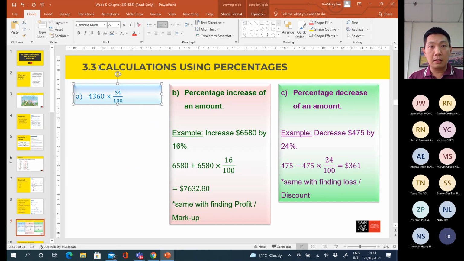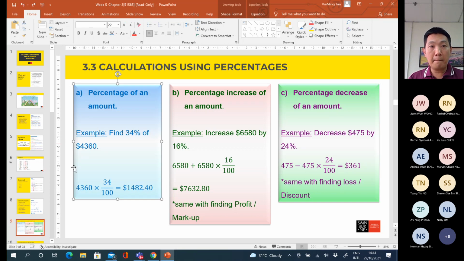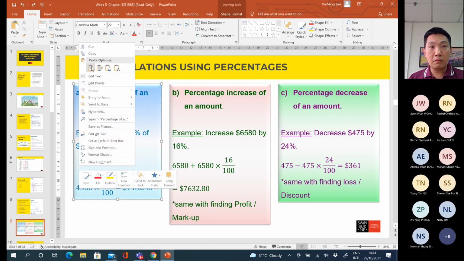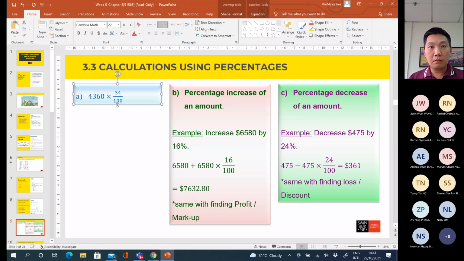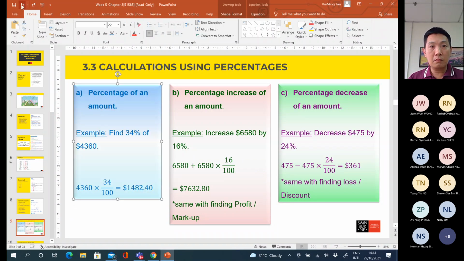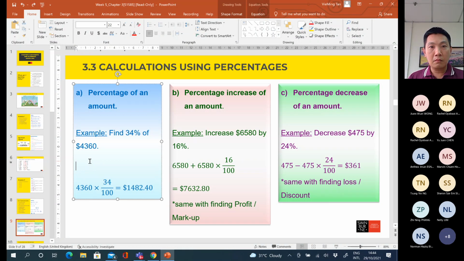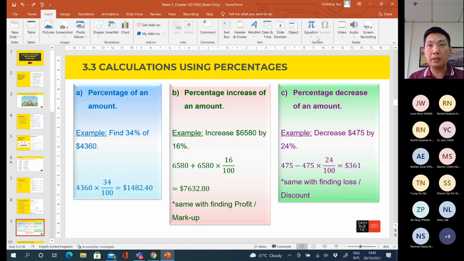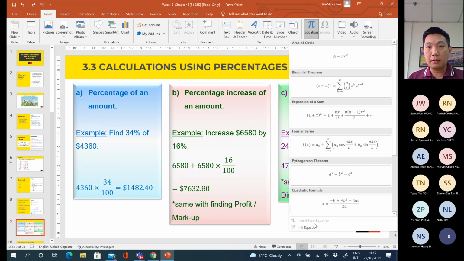Okay, now I just insert the equation directly.